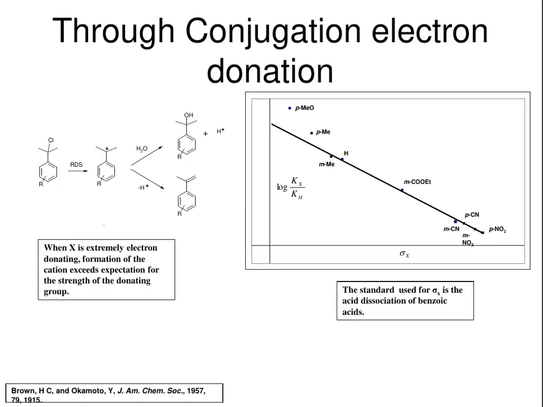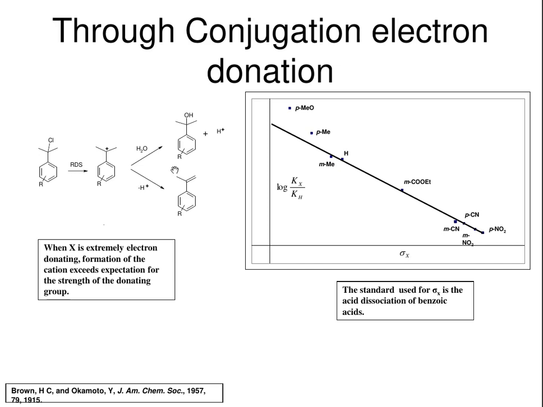It's not surprising that this also happens in the electron donation case. You can see over here that along the electron withdrawing side of the graph, it's perfectly linear, but when you get to the electron donation case, you find that this particular reaction is far more reactive than expected.